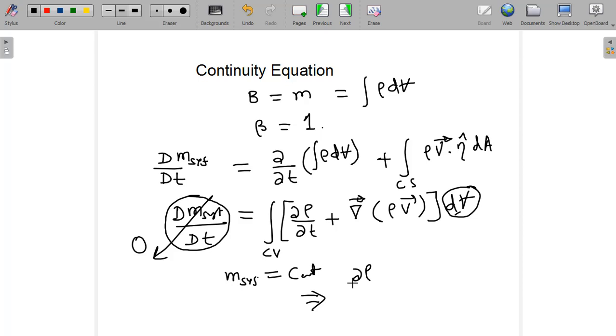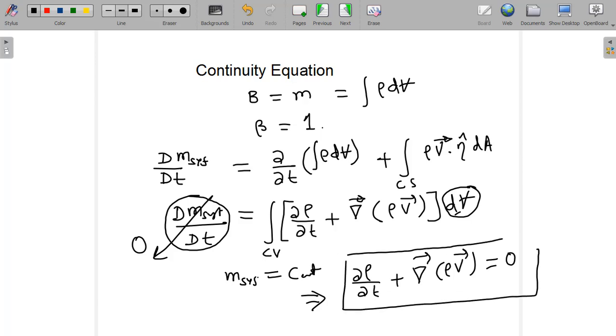So ∂ρ/∂t plus divergence of ρV is equal to 0. So this is basically the general form of the continuity equation, irrespective of any assumptions.